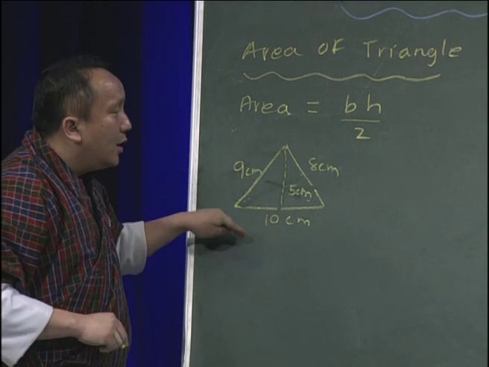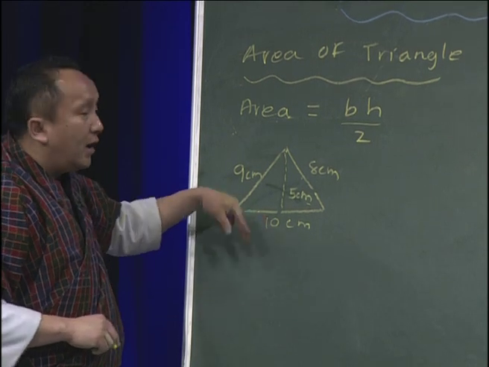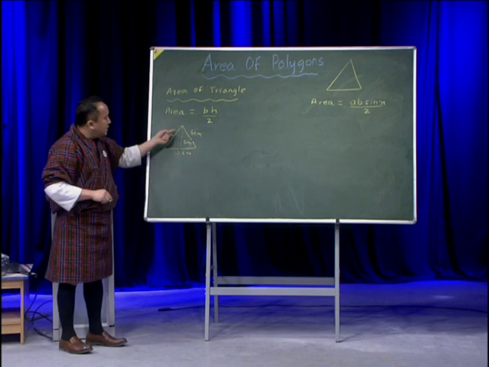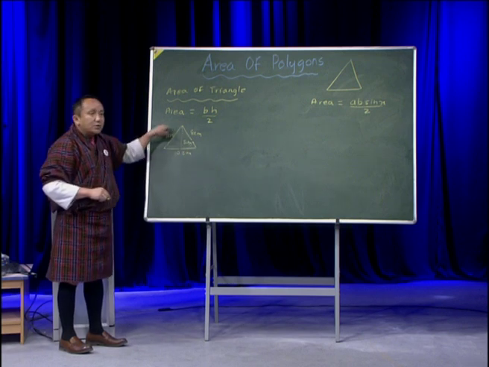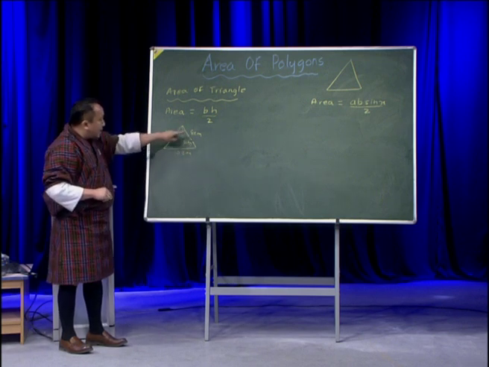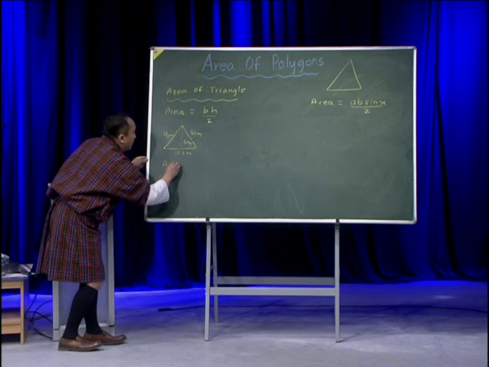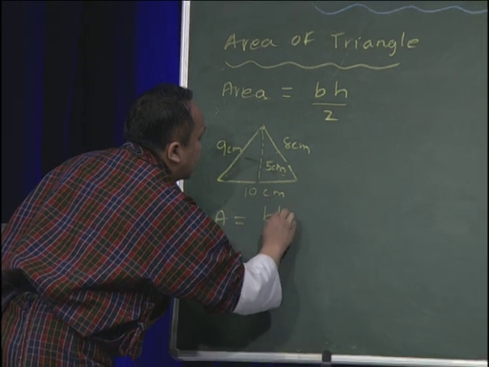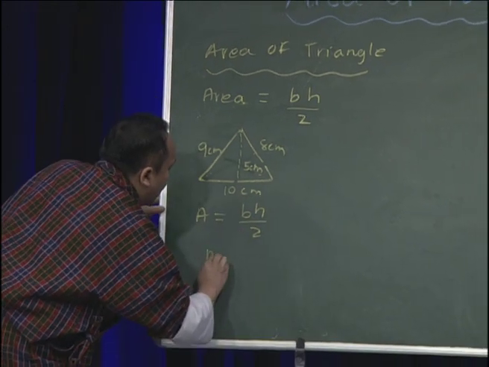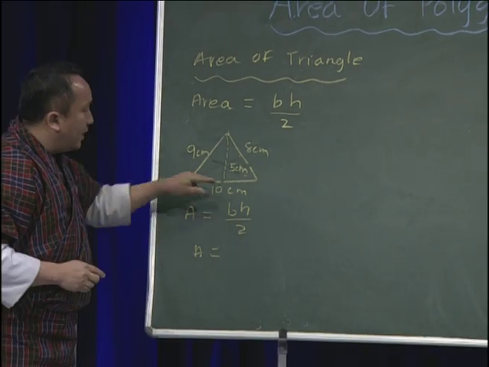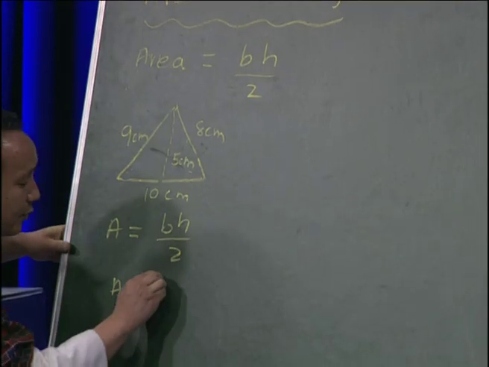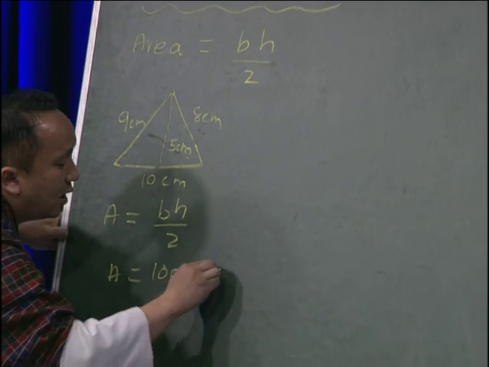Now before you actually use the formula, you have to check whether height is given or not, right? So in this case, height is there, the dimensions of the triangle are provided. So since height is there, you can directly use this formula. A equals base times height divided by 2. So area is equal to, what is the base? Base is 10 centimeter. So we have 10 centimeter times, what is the height?